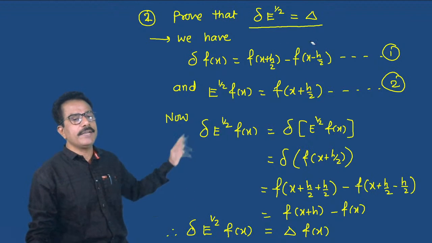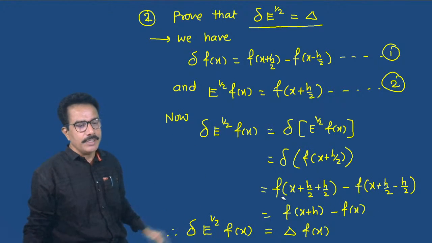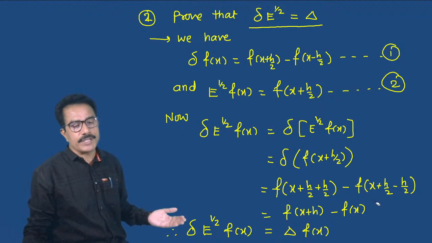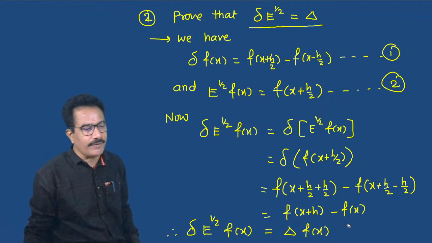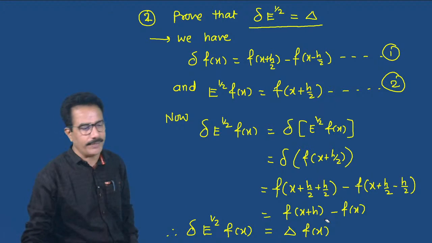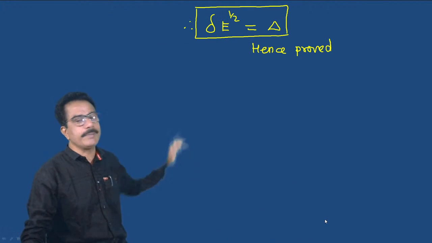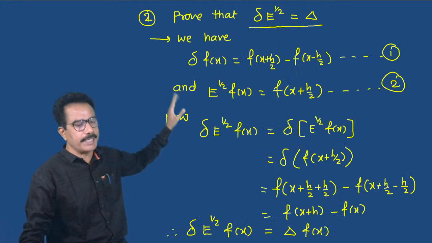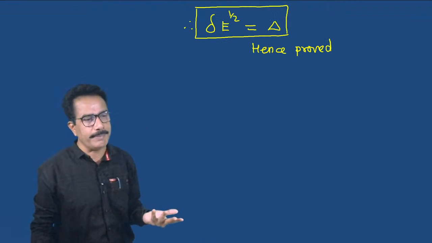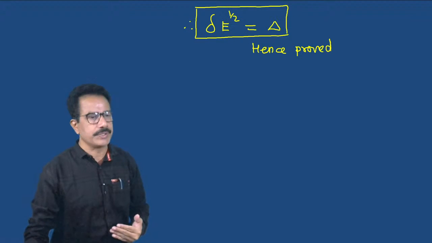Okay, so we used this definition from 1 and 2. So f of x plus h by 2 plus h by 2 means h, minus f of x plus h by 2 minus h by 2 means f of x. So delta e raised to 1 by 2 f of x is equal to capital delta f of x. F of x gets cancelled, comparing the operators we get delta e raised to 1 by 2 is equal to capital delta, and hence proved.